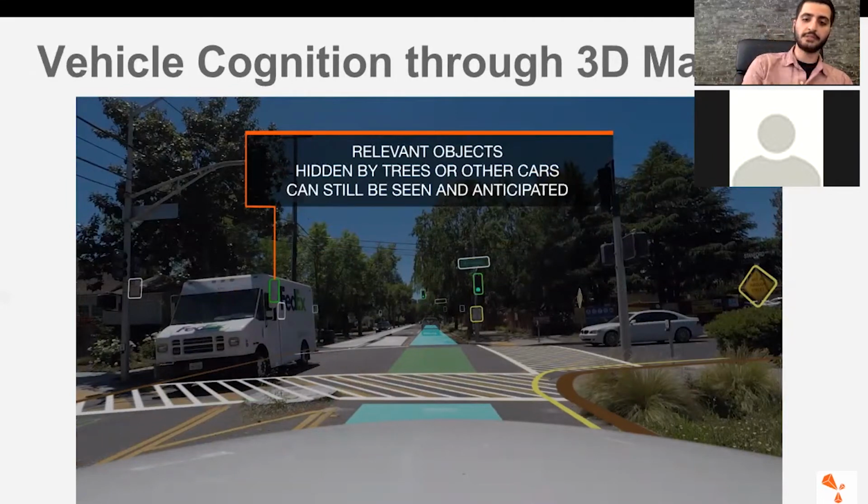Further along in the data set that we have, there are different instances where part of the infrastructure can be hidden. In this particular case, we have a truck that is hiding the signal on the left-hand side.